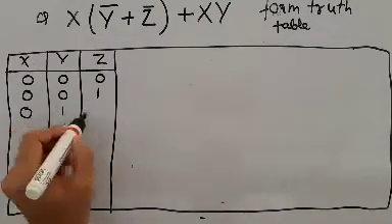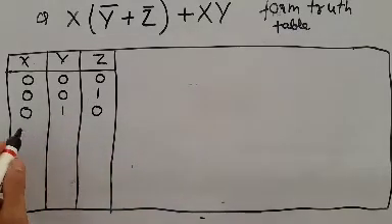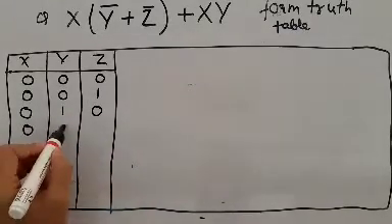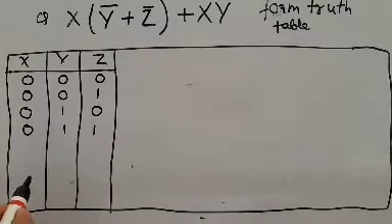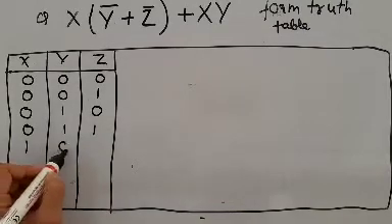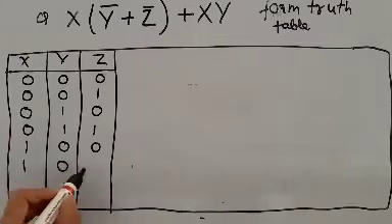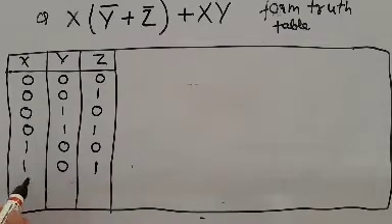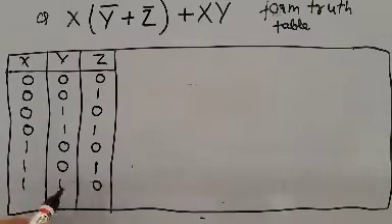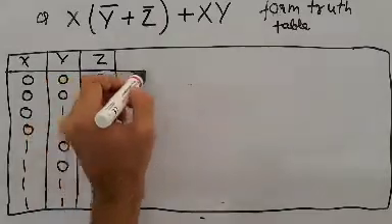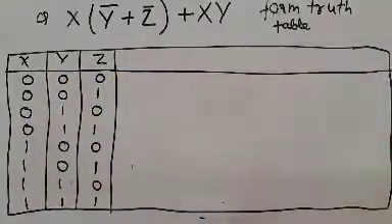So 0, 1, 0, 0, 1, 1, 1, 0, 0, 1, 0, 1, 1, 1, 0 and 1, 1, 1. These are possible inputs.